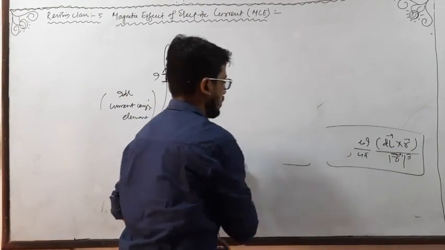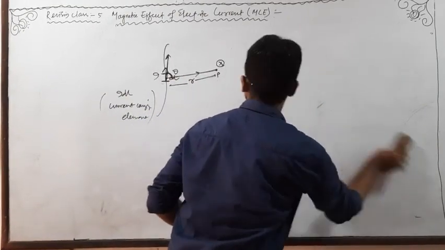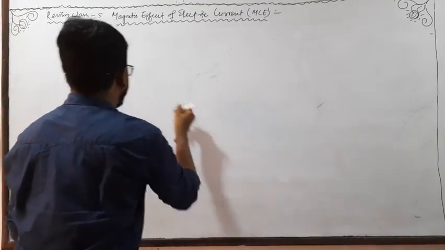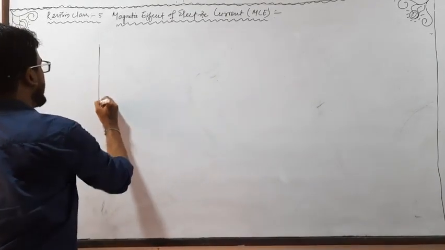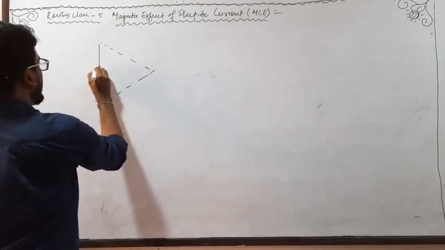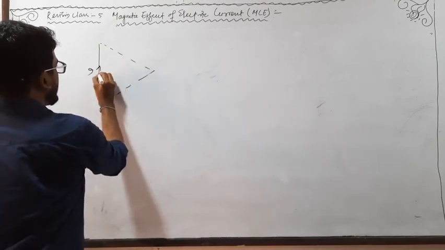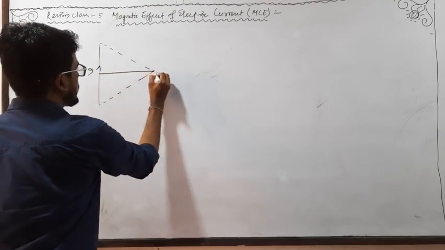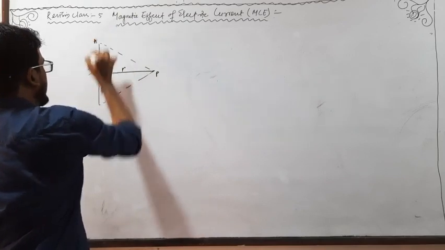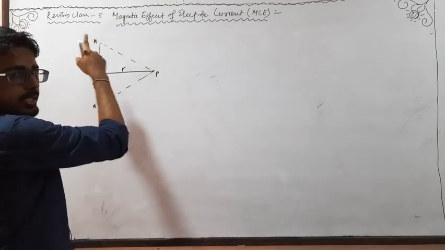Now, what is the application of Biot-Savart's law? For an infinite or finite long straight current carrying conductor carrying current I, with a perpendicular distance r to the point of observation P, and A and B the two ends of the conductor.